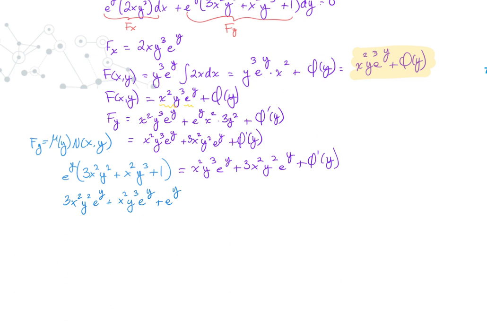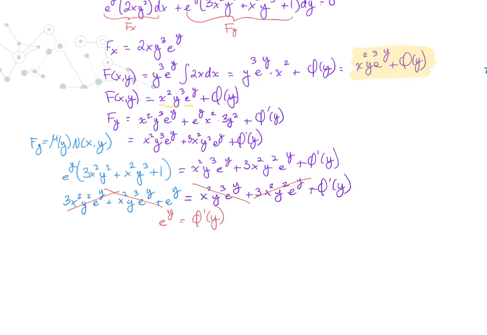And on the right-hand side, it equals x squared y cubed e to the y plus 3x squared y squared e to the y plus phi prime of y. And we can say, oh, these terms cancel and these terms cancel. So the only thing I'm left with here is that e to the y equals phi prime of y.